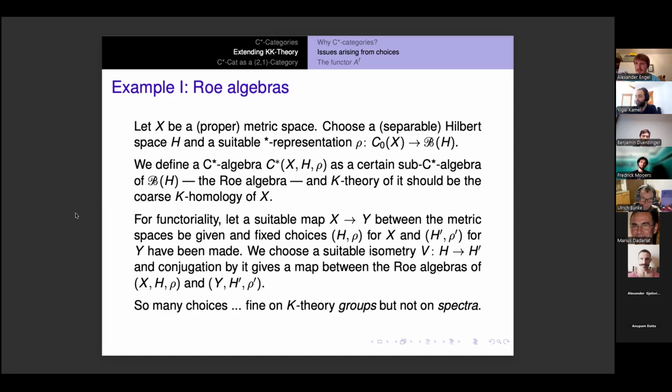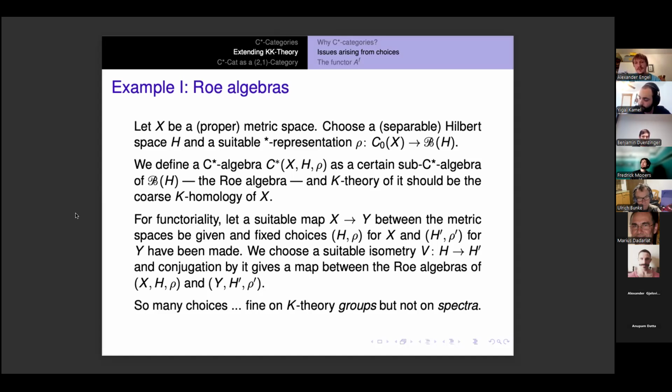And then I said that classically this is no problem. On K-theory groups, this is no problem because two different choices of Hilbert spaces and representations will be related to each other by conjugation by a unitary from one Hilbert space to the other. And two possible choices of suitable isometries for the functoriality will again be related by conjugation by an isometry. We know that on K-theory groups, such conjugations act trivially.